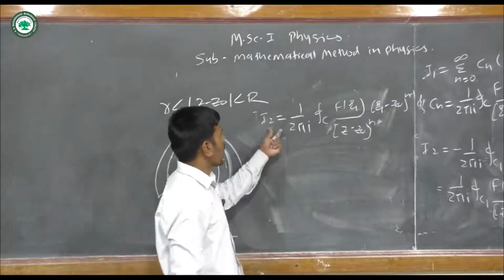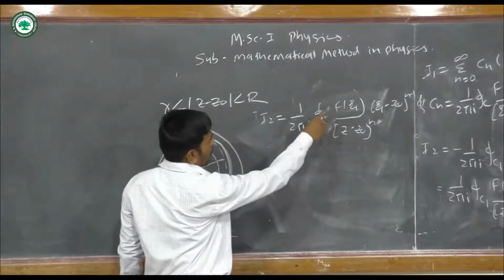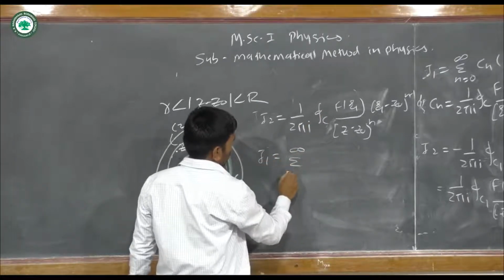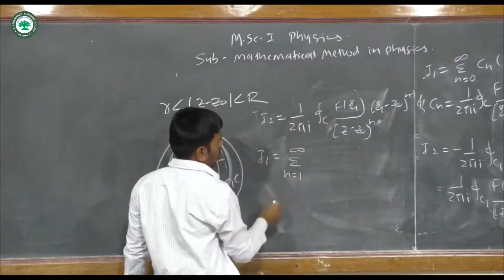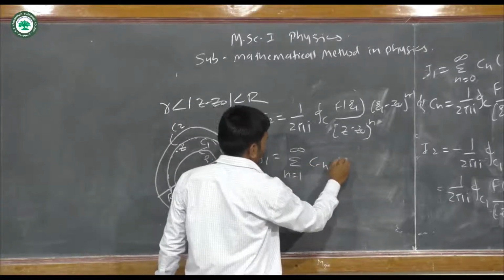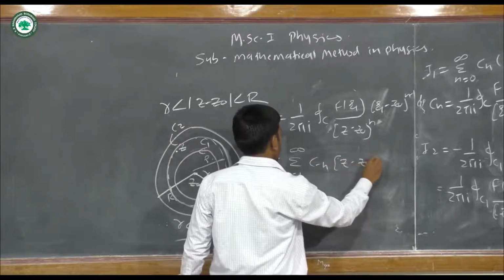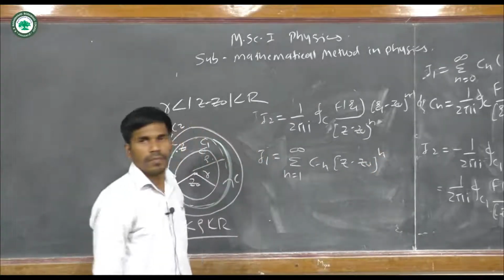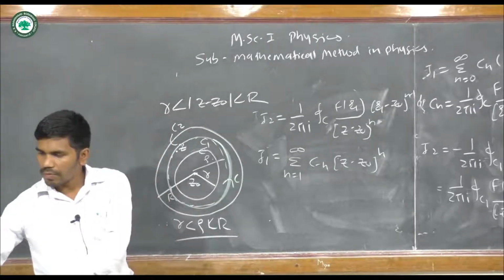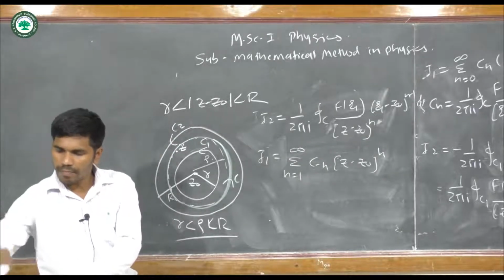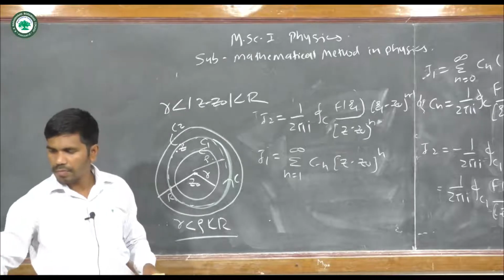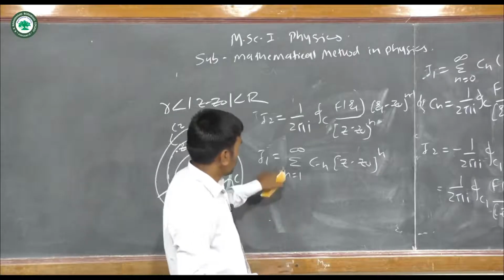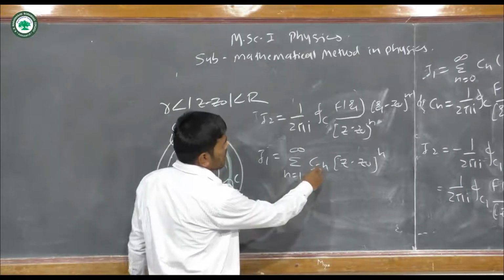Now if I write in this form, I1 is equal to summation over n is equal to 1 to infinity of c minus n (z minus z naught) to the power n.